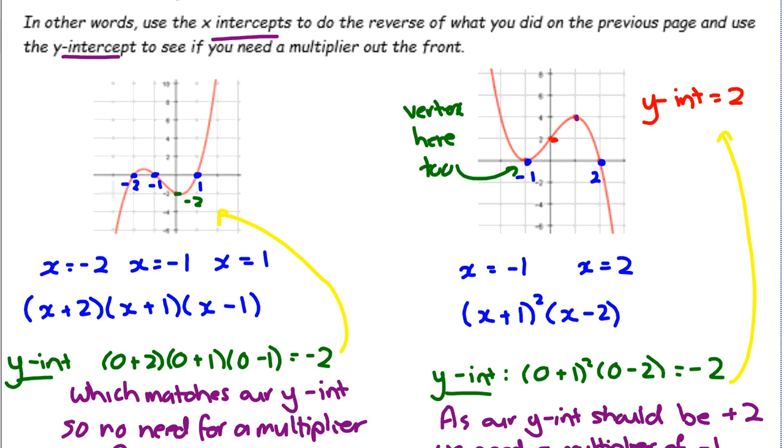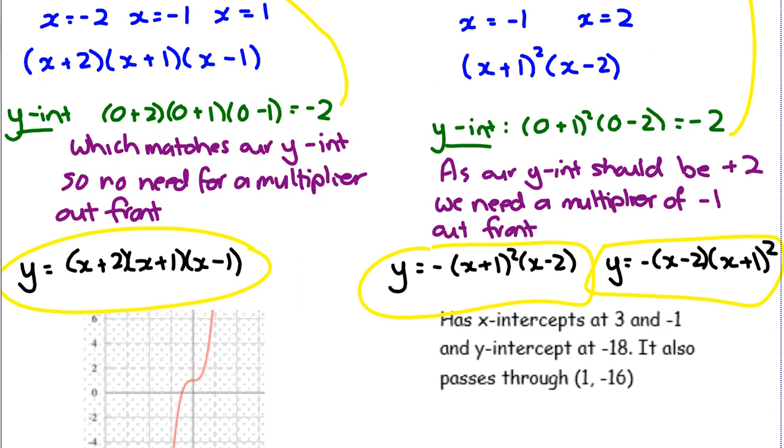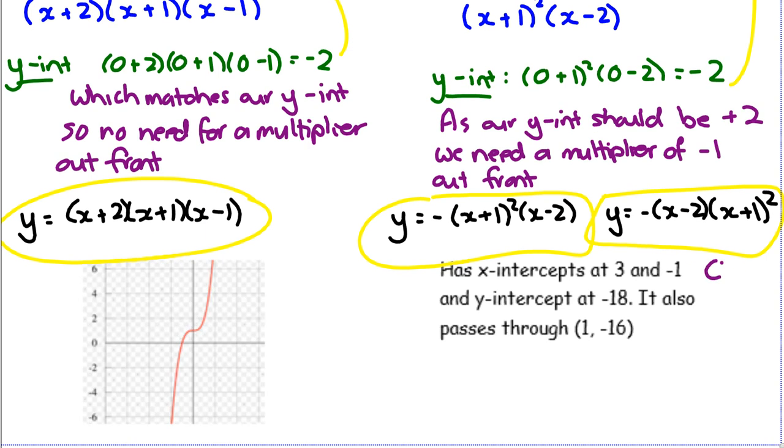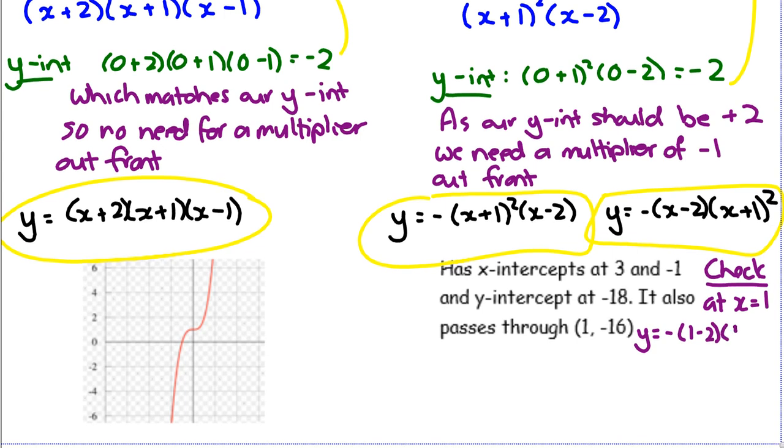X is 1, Y is 4. So we can use that to check if you want. At x equals 1, do we get the answer of 4? Y equals negative 1 times (1 minus 2) times (1 plus 1) squared, which is negative 1 times negative 1 times 2 squared. 2 squared is 4. 4 times negative 1 is negative 4, and then times the negative at the front is positive 4. Good. So we've checked. That's great. It does match the vertex.